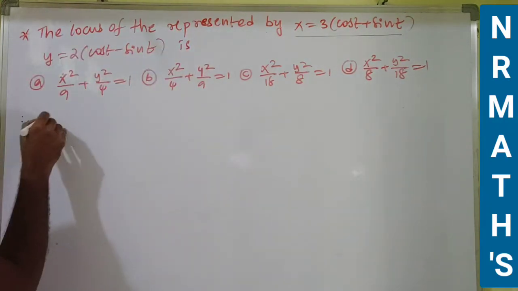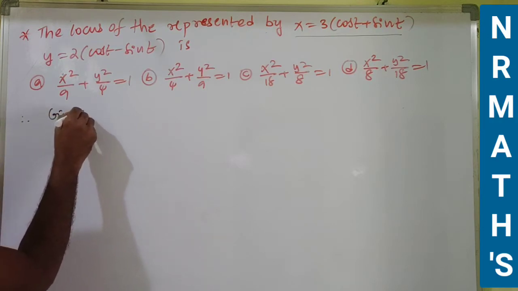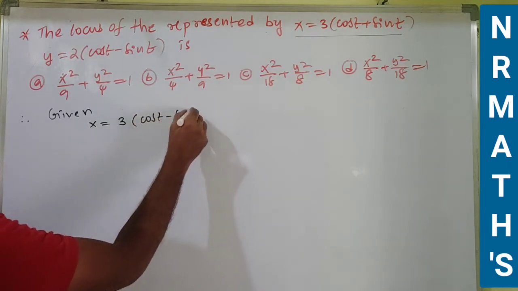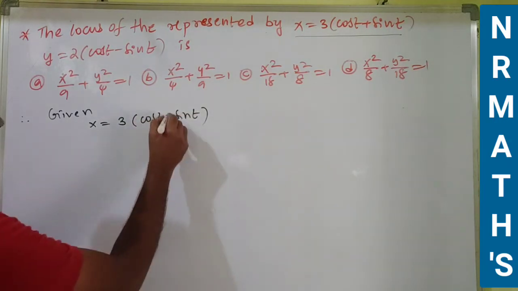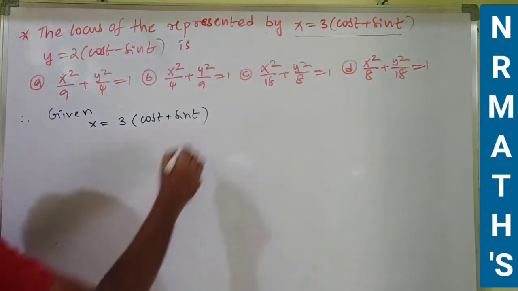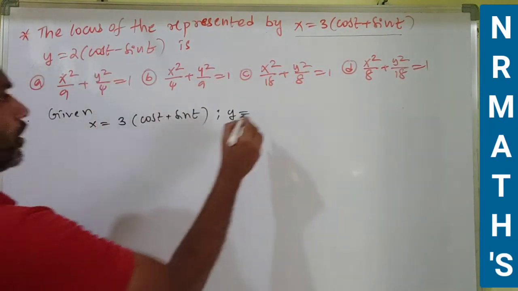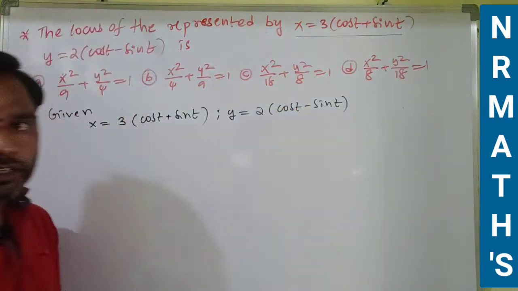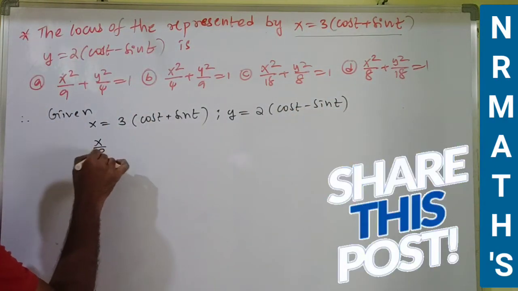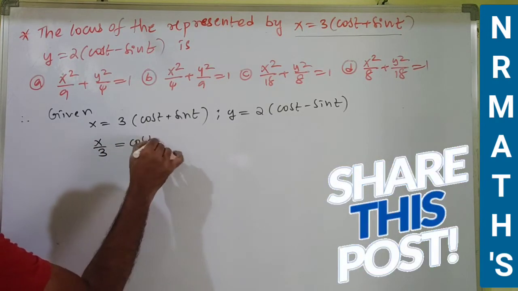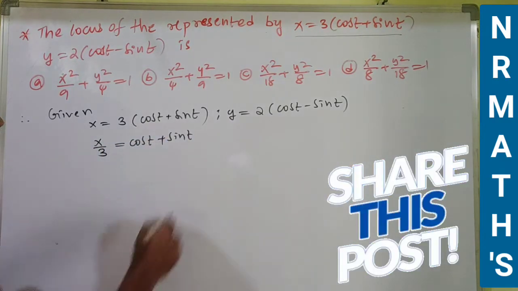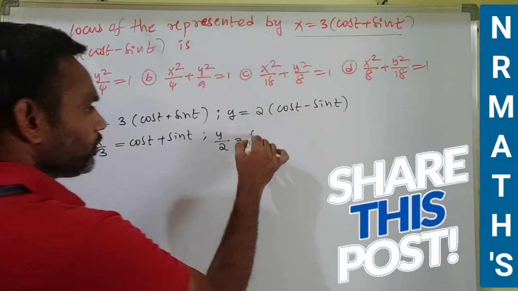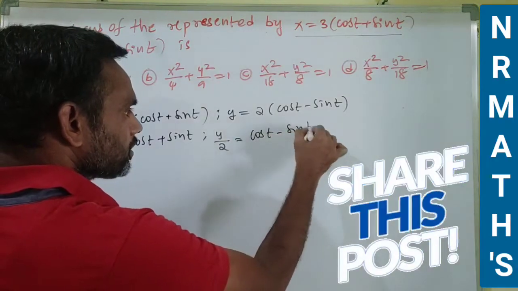Given x is equal to 3 of (cos t plus sin t), and y is equal to 2 of (cos t minus sin t). Now write it as x by 3 is equal to cos t plus sin t, and y by 2 is equal to cos t minus sin t.